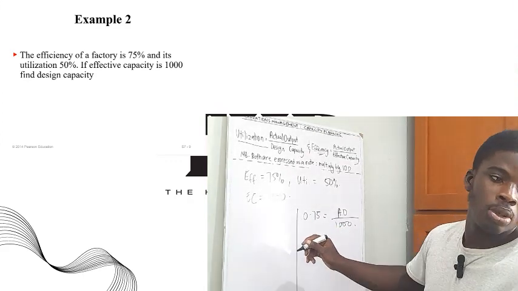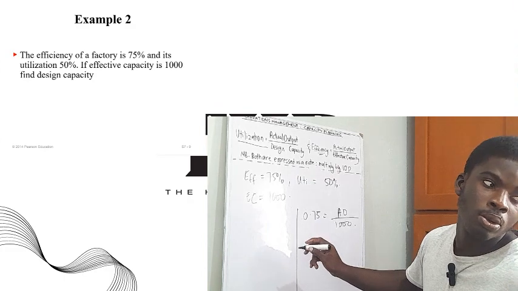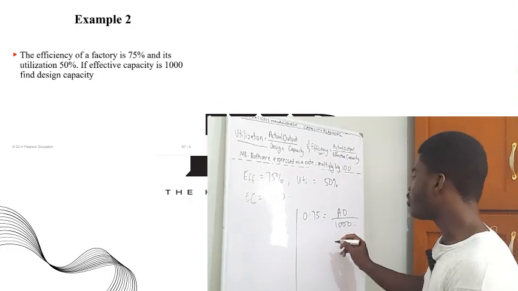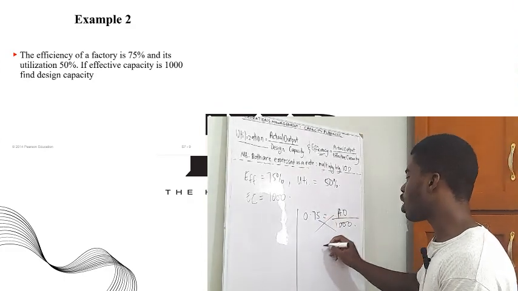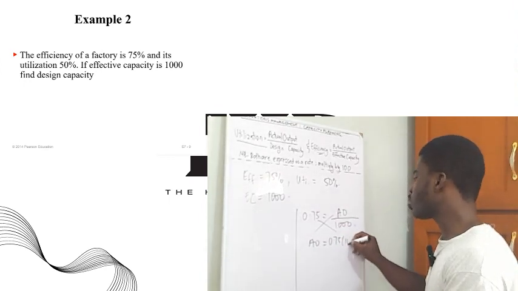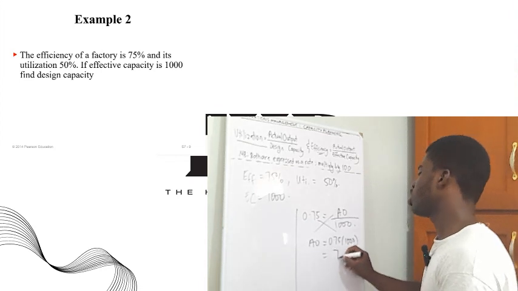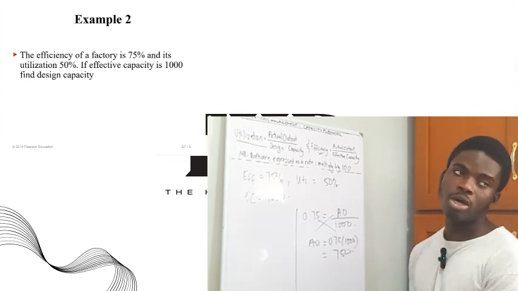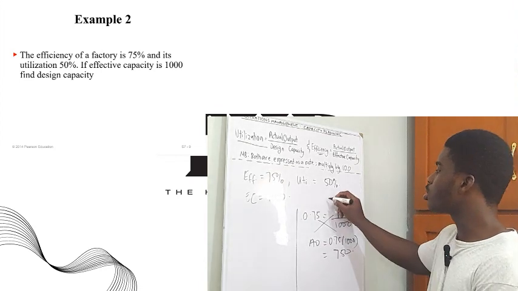Actual output. You do cross multiplication. It gives you 0.75 times 1000, which is 750. So 750 is the actual output. Right? So this is step 1.